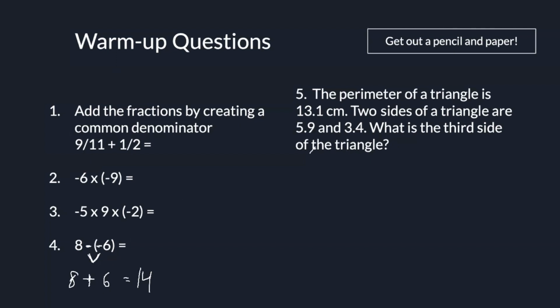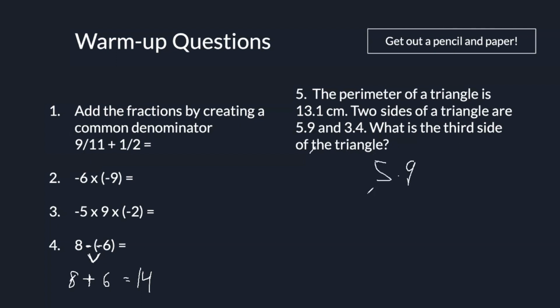Okay, good. Let's see. For the last one, Alan, how about you? Do you want to try this one? Yeah, number 5. So the perimeter of a triangle is 13.1 centimeters, and then the two sides are 5.9 and 3.4. So then 5.9 plus 3.4 equals 9.3.